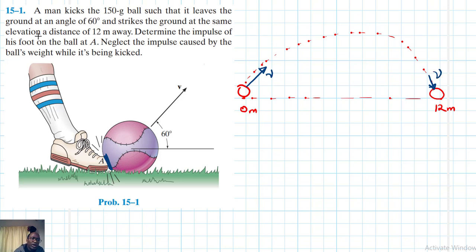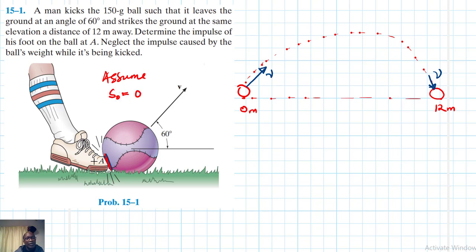So let's talk about what happens at the point when the foot is in contact with the ball. We are assuming this ball is at rest, either stationary, motionless, or moving at constant motion. So let's assume it is at rest, so we assume S naught is equal to 0.